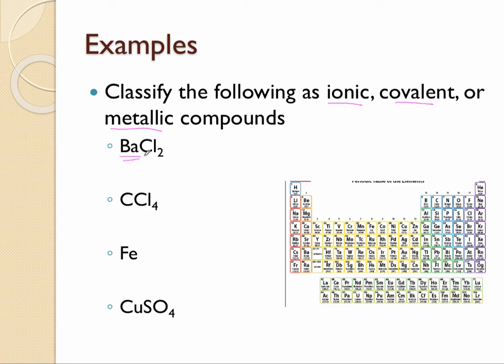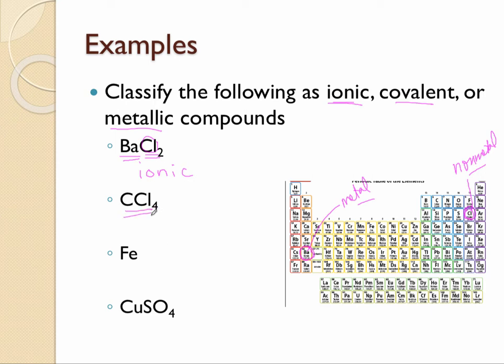Looking at this, hopefully you can identify that there's two elements involved. Barium is here, hopefully you would identify that as being a metal. Chlorine is over here, hopefully you would identify that as being a nonmetal. You do need to memorize that a bond between a metal and a nonmetal is going to be ionic, so this would be ionic.